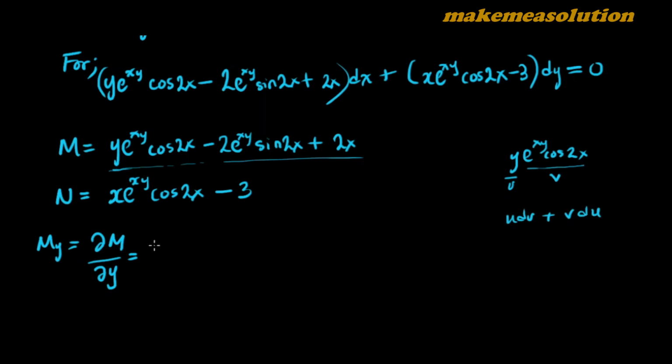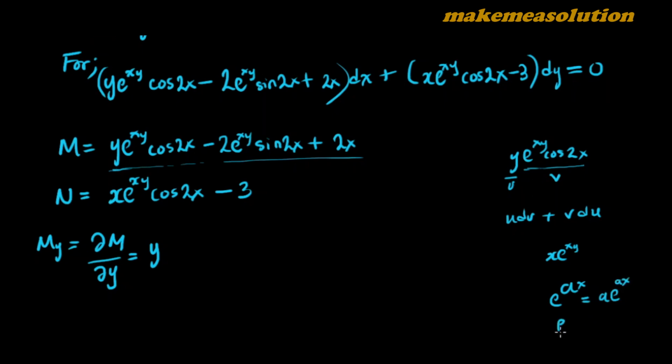So doing that, u is y, then dv, you're differentiating the whole of this term partially with respect to y. Cos 2x is a constant, so it will remain untouched. Now the challenge is e^(xy). When you differentiate it partially with respect to y, you get x e^(xy). It's just like differentiating e^(ax): you get a e^(ax).